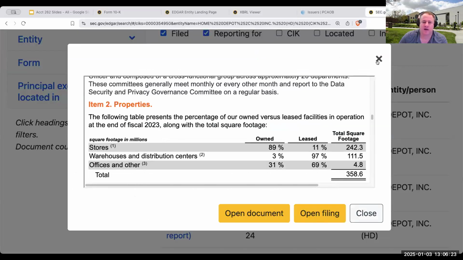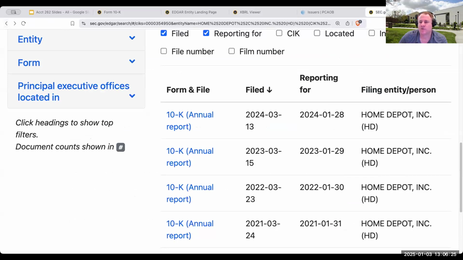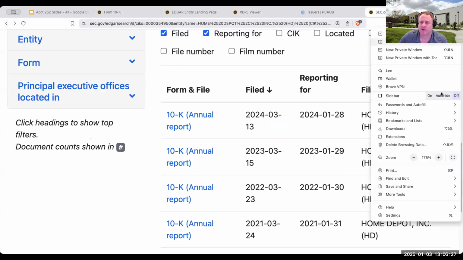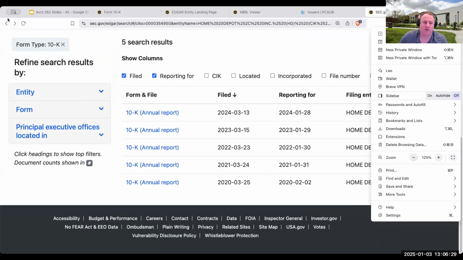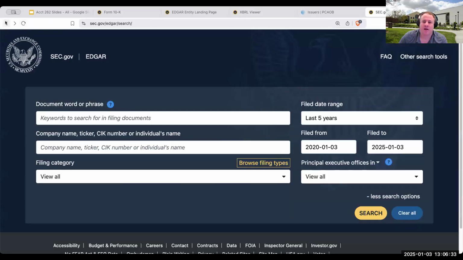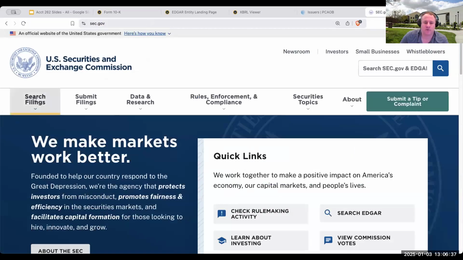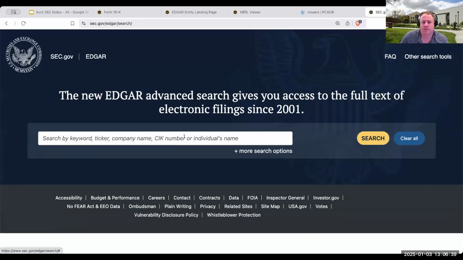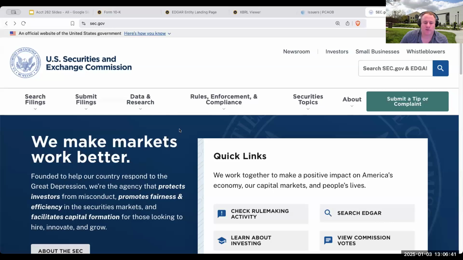Now we'll do something kind of fun, which is what I always like to do when I talk about lawsuits of publicly traded companies. Let's go here, go back to sec.gov. We're going to search filings and we're going to do something.